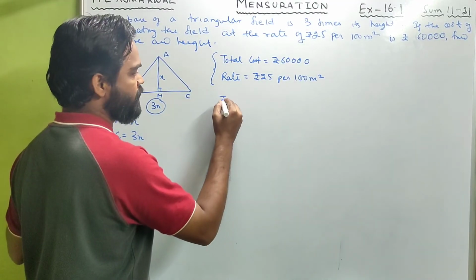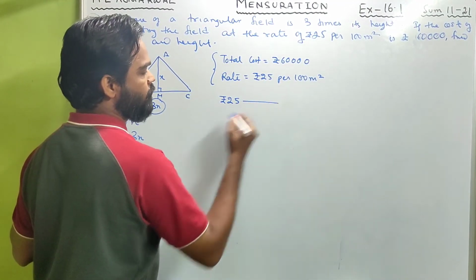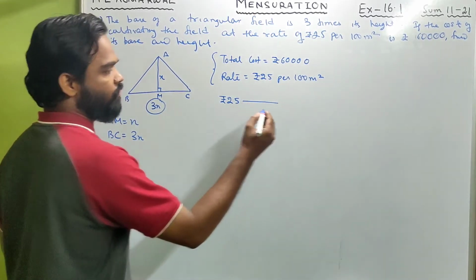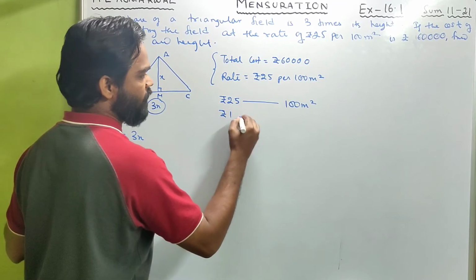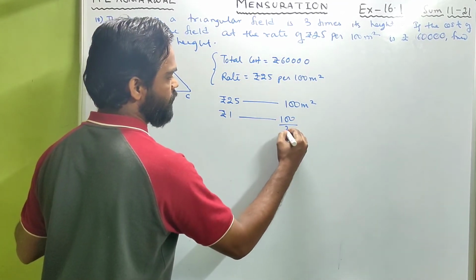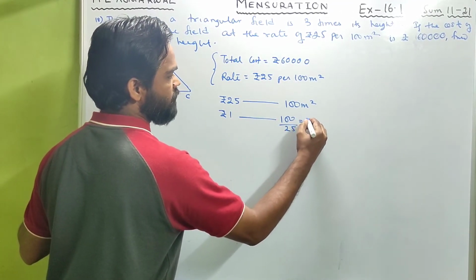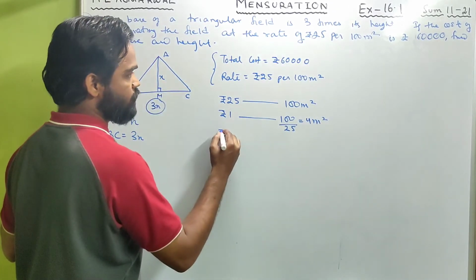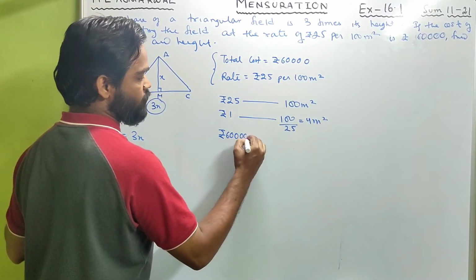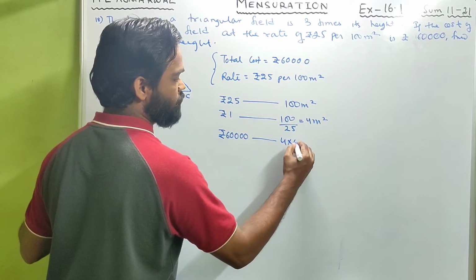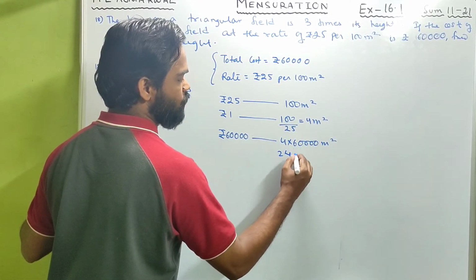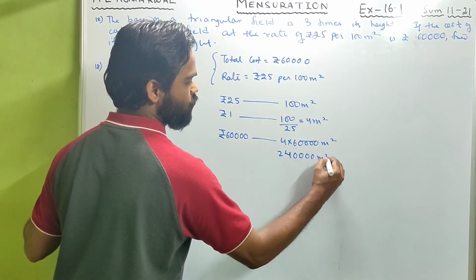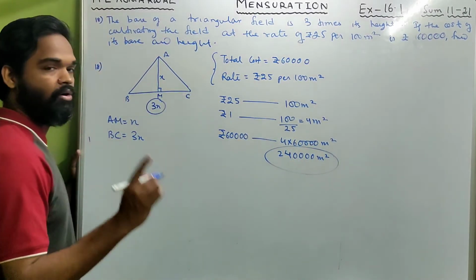See, rupees 25 is the cost for cultivating 100 meters square. So rupees 1 will be for 100 by 25, that's 4 meters square. So for rupees 60,000, it will be 4 into 60,000 meters square, that's 240000 meters square. So that's the area of the field.